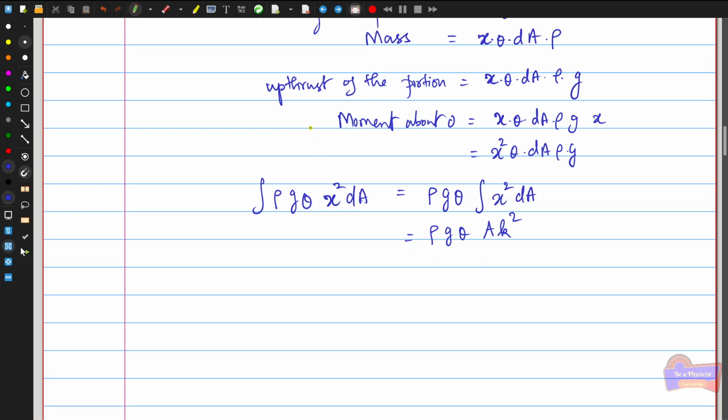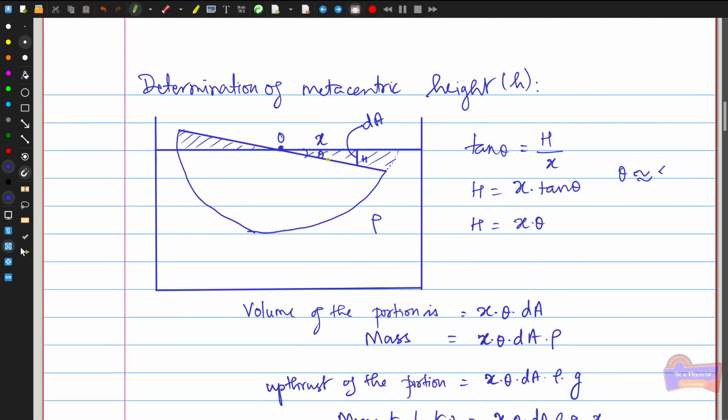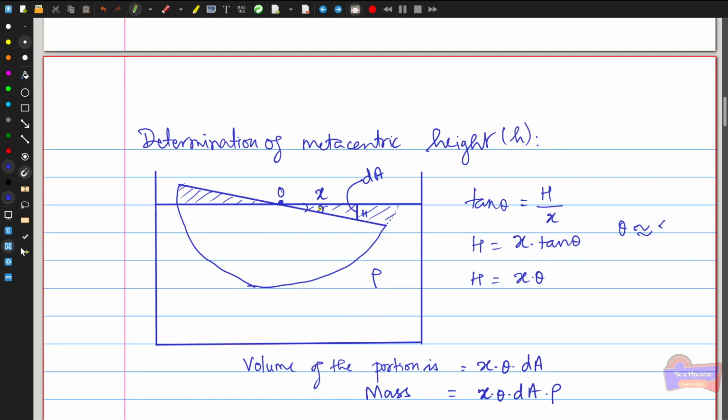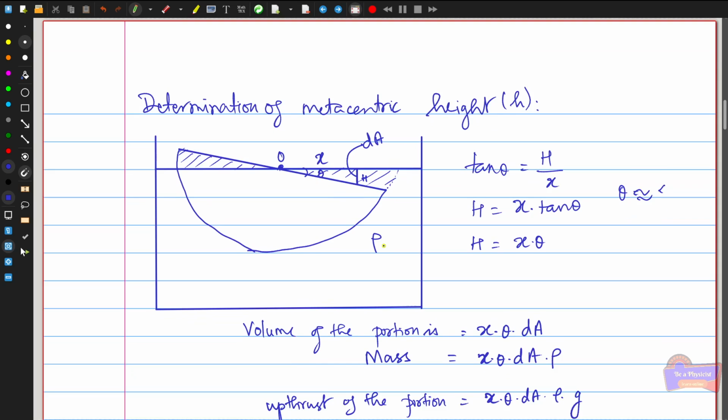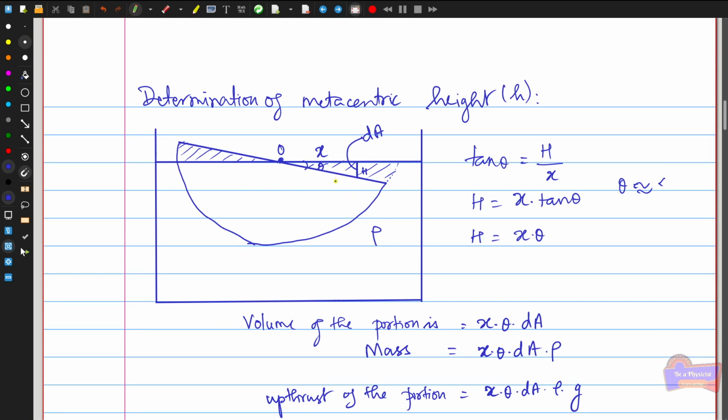Since the displacement theta of the ship is very small, the volume of the water displaced remains unaffected. However, the upthrust we have calculated, rho times g times V, the volume of displaced water, acts through the new center of buoyancy due to this tilting.